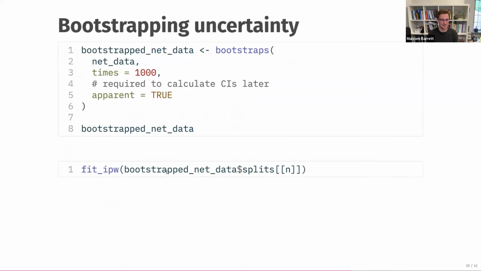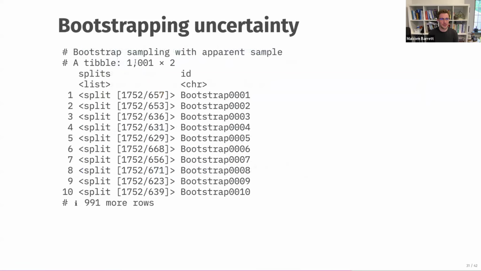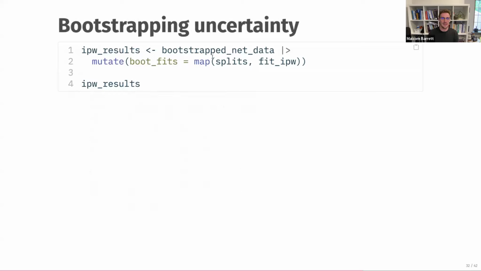Excuse me. I expected the result of this to be seen. But I think what I was actually intending here, now that I think about it, because I have this n written here, is that it's fitting those on n bootstrap samples, where n is the number in this object. Okay, and so this is the result that bootstraps give us.